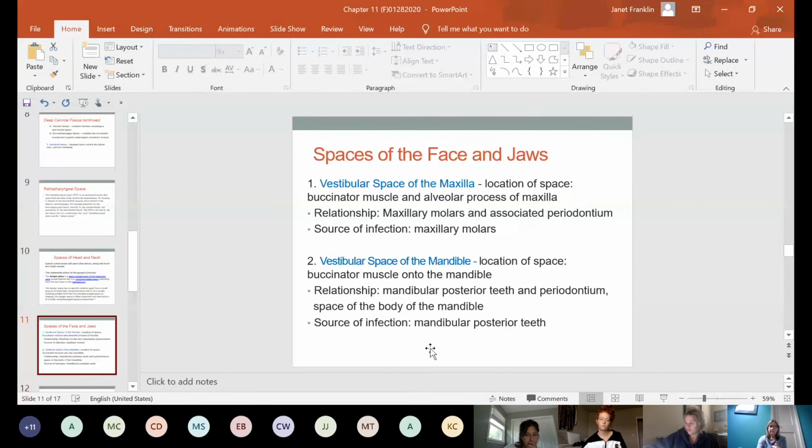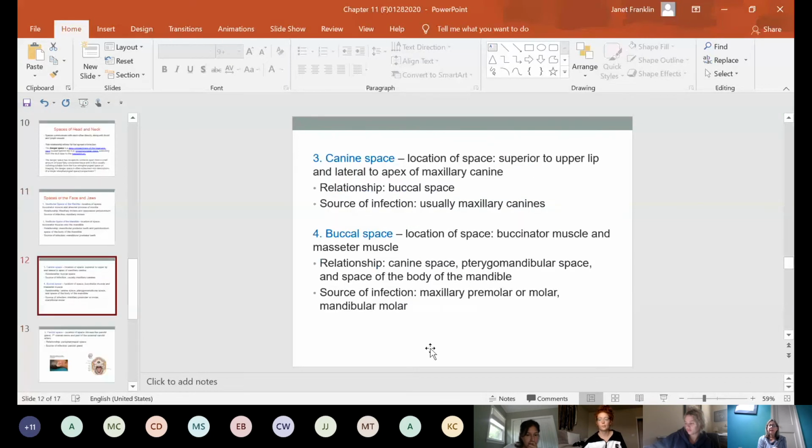Your canine space, usually your maxillary canines. Your canine space is up here. So you have your canine fossa, your canine eminence, and your canine space, all that we need to know about. And then your buccal space, of course, is in your maxillary premolar region or mandibular molar region. It's in the cheek area.